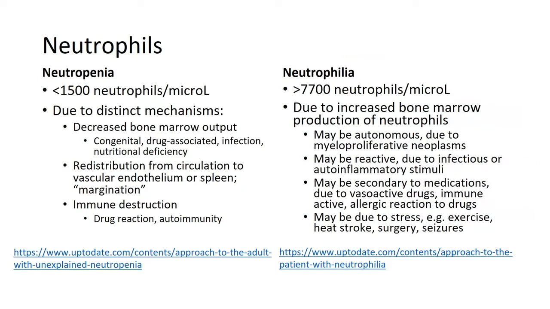It can be redistribution from circulating neutrophils to the spleen or vascular endothelium, or it can be due to immune destruction, such as autoimmunity. And in contrast, neutrophilia is where there are too many neutrophils, defined as over 7,700 per microliter, and that's due to increased production of neutrophils in the bone marrow. So that may be due to a neoplasm, it may be due to infection, it may be due to medications, or it may be due to stress.